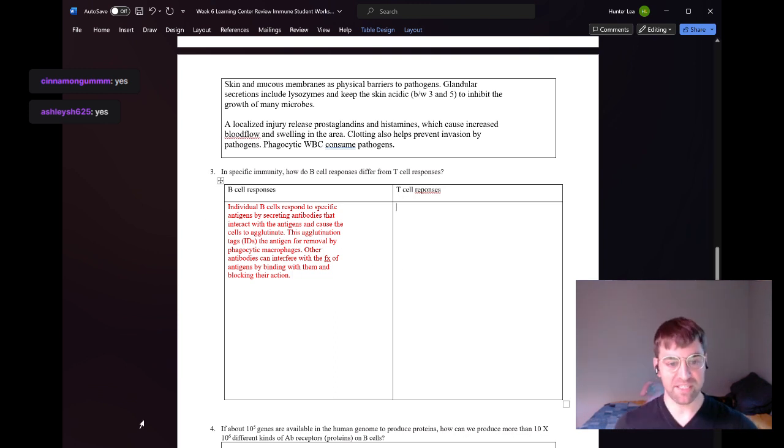So comparing that with T cells, when body cells become infected with a pathogen, a piece of the foreign protein from the pathogen interacts with a MHC molecule, that major histocompatibility complex. And well, let's get that far first.